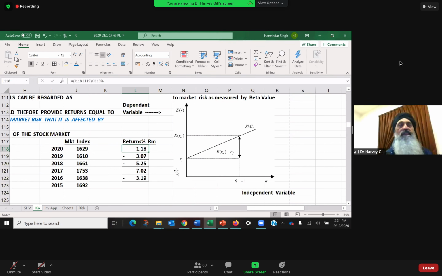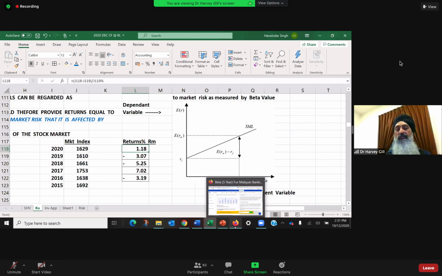If you read some articles by Aswath Damodaran, he's written a few articles in this area. It happens to be his favorite area, one of his favorite areas. How do you define the risk-free rate of return? Different people define it slightly differently, but for our purpose, we can take the risk-free return as the return on MGS, yeah, the average return on Malaysian government securities that are short-dated.